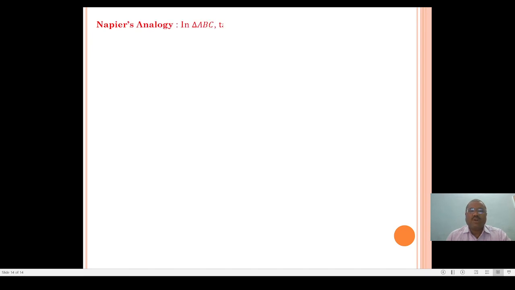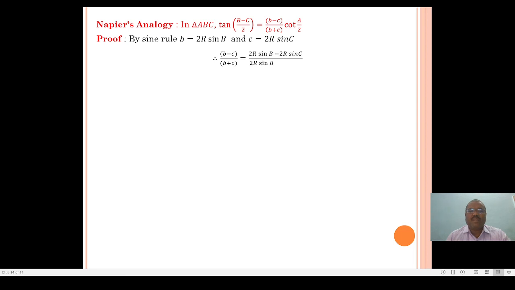And Napier's analogy: in triangle ABC, tan (B minus C) upon 2 equals (b minus c) upon (b plus c) into cot A by 2. So by sine rule, b equals 2R sin B and c equals 2R sin C. Therefore (b minus c) upon (b plus c) equals (2R sin B minus 2R sin C) divided by (2R sin B plus 2R sin C).